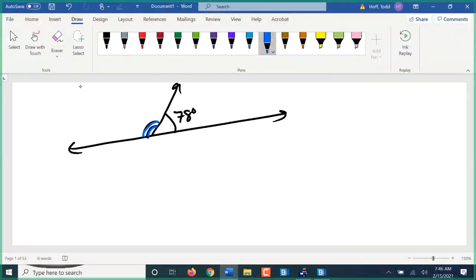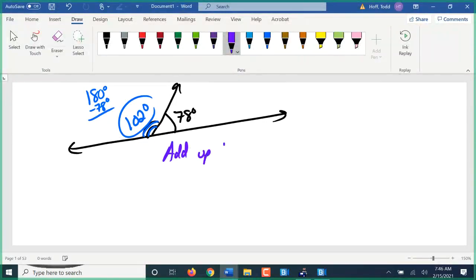Well, a straight line is how many degrees? 180. So 180 minus 78. Those two angles add up to 180 degrees. That is called supplementary.